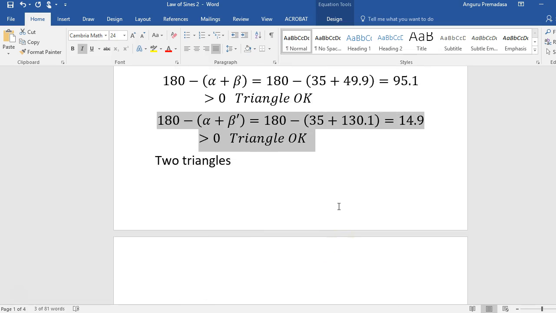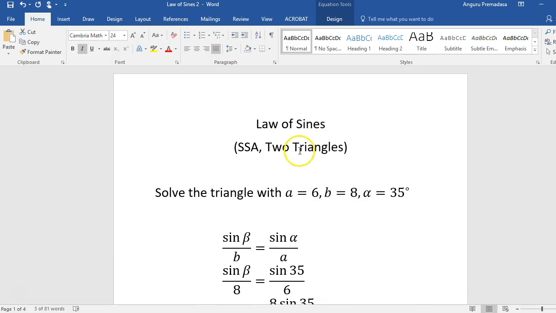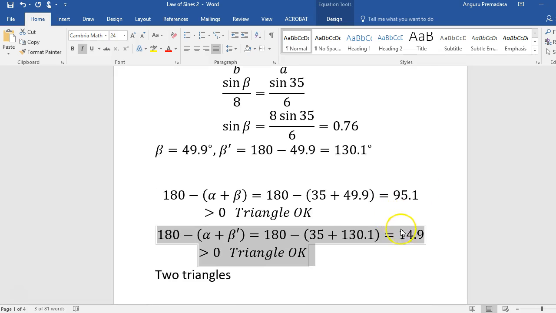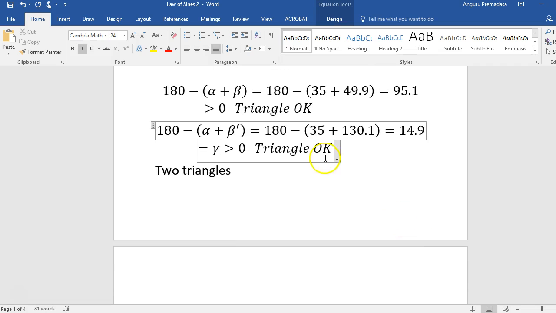Now we need to find the missing side, which is c, because we know all the other data. We know the gamma that we calculated, so this is gamma, and the other one that we found, sorry, this should be gamma prime.